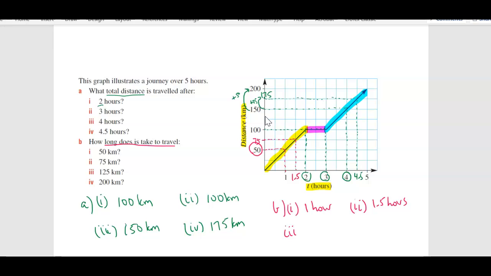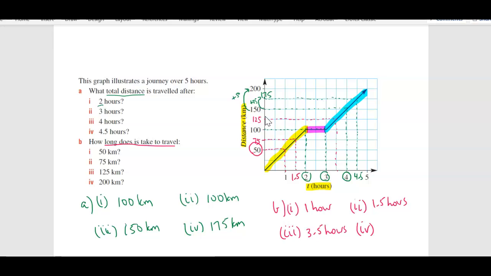All right, part 3, 125 kilometers, which is here. So we go across and then down. So halfway between 3 and 4 is 3.5 hours. You could write 3 hours and 30 minutes if you wanted to.